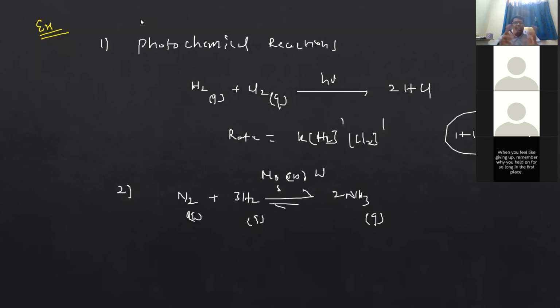This is called a heterogeneous reaction. What are homogeneous reactions? Reactants, products, and catalyst are all in the same phase. But here the metal is always in solid state, so different phases. That is called heterogeneous. Most heterogeneous reactions in the presence of a catalyst are said to be zero order. Keep in mind this point.